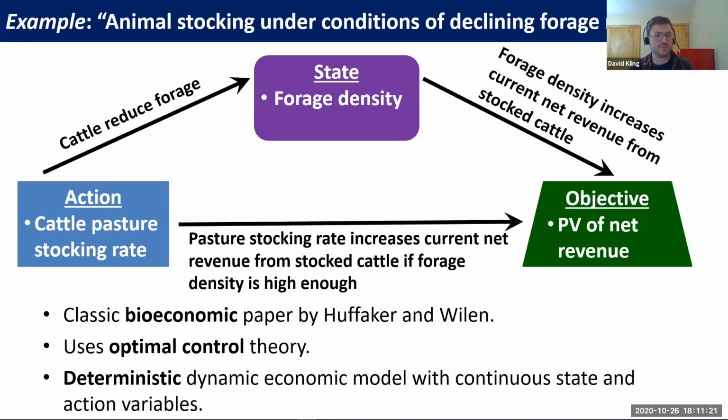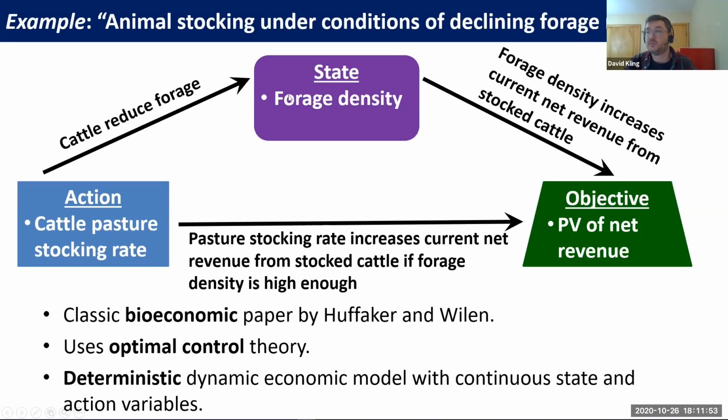Now, what makes this interesting for them is the connection. It's this outcome chain where cattle reduce forage, and the state variable, in fact, is not cattle density, which I think is an interesting way of posing a particularly simple form of this problem. The cattle, what might seem like a state variable to many of us, is actually what they adopt as the control, what you're influencing.